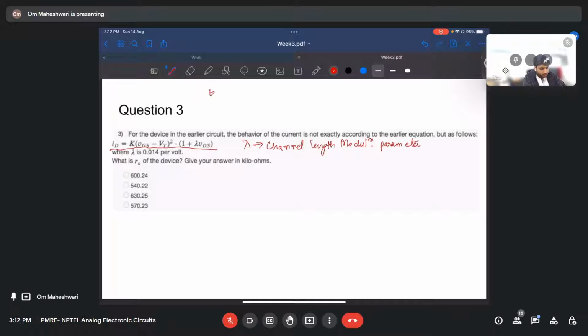So earlier ID was K (VGS minus VT) whole square. So there was no dependence on VDS, right? It was independent of VDS. So if we draw the ID-VDS curve, you would get something like this.